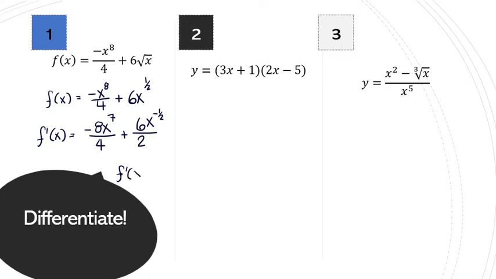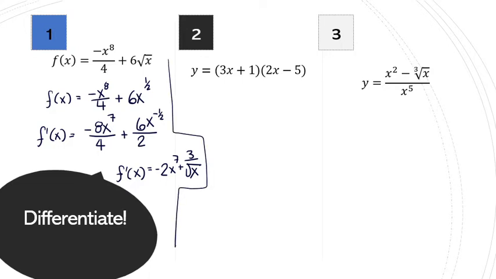F prime of x is going to be equal to negative 8 divided by 4, x to the 7, plus 3, and then x to the negative 1/2 brings it down to the denominator. The fractional exponent makes it back into root x. Done.